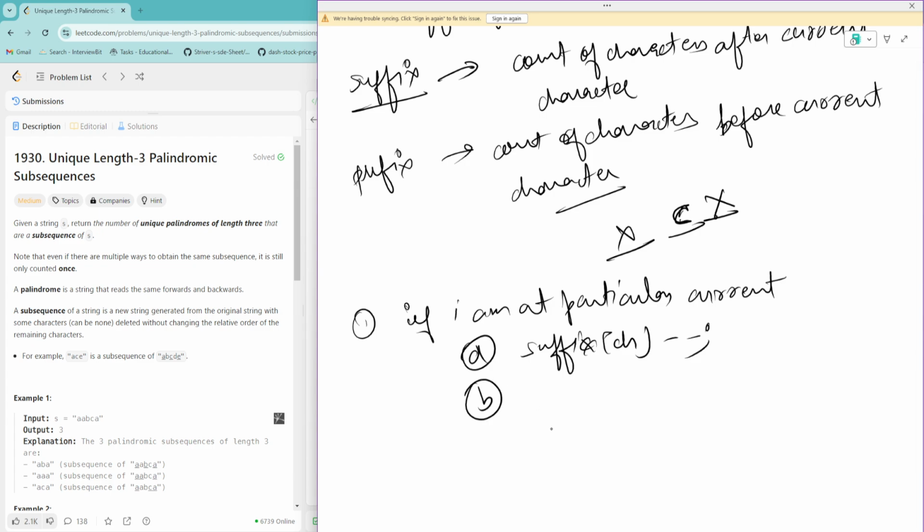The second thing, I would check in the prefix and suffix for all the characters.